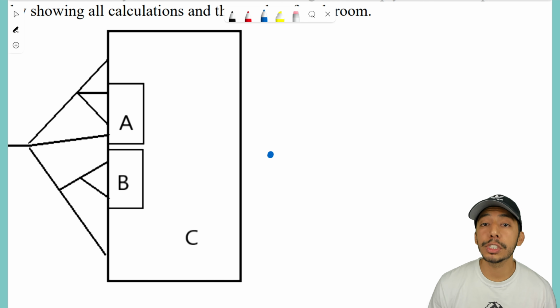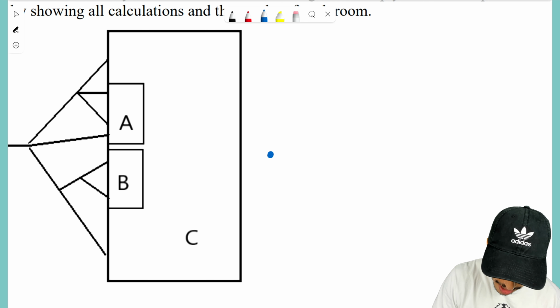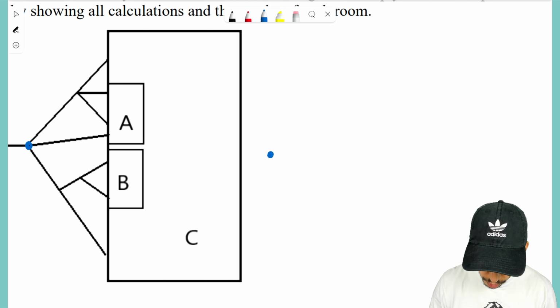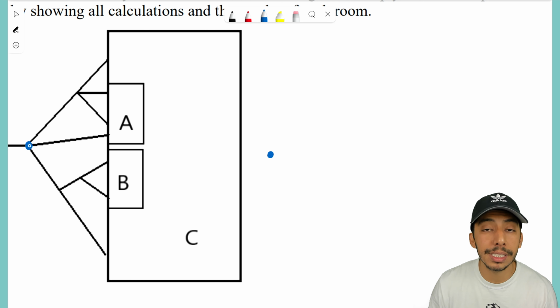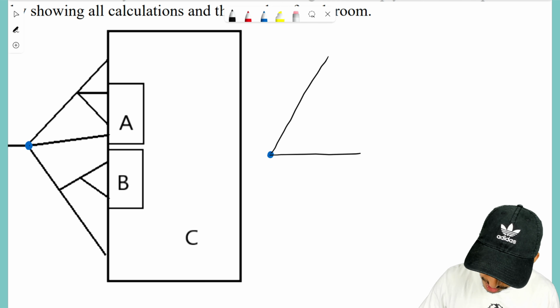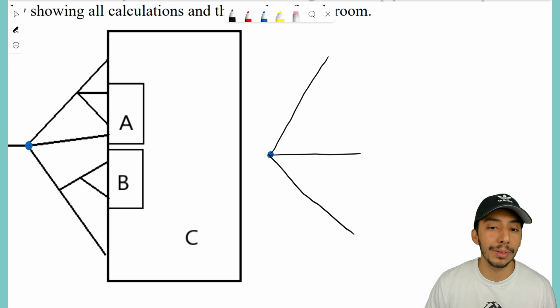Now, that point there is our starting point for our tree diagram. That point represents this point here, the first fork in the road that Speedy comes into. When Speedy comes to this fork right here, he has three different ways to go. Notice he can either go up, or straight down the middle, or down.